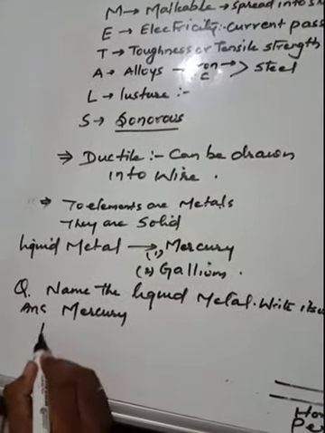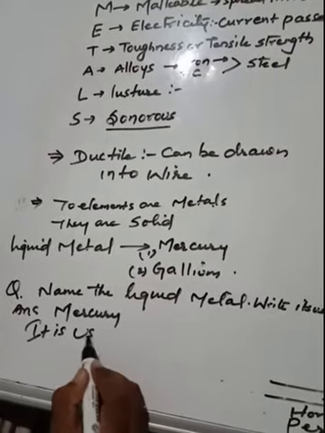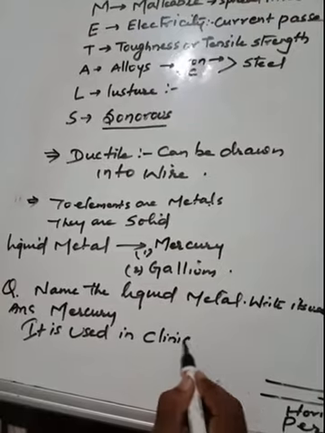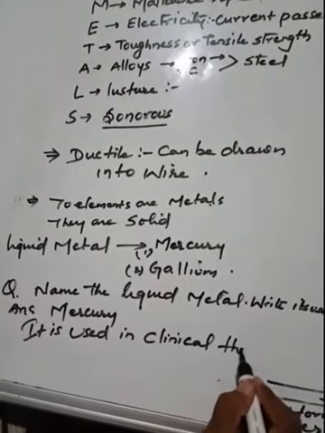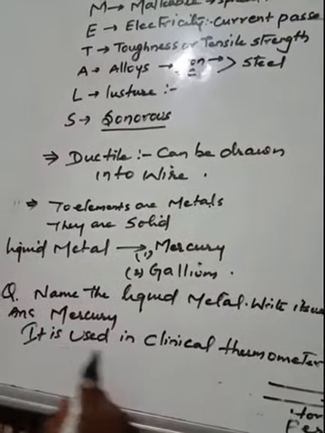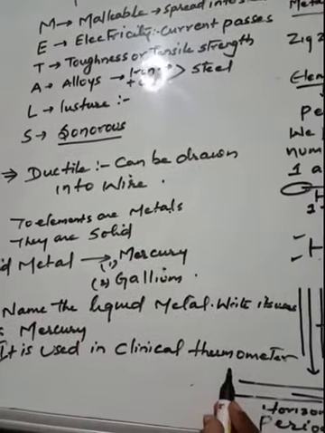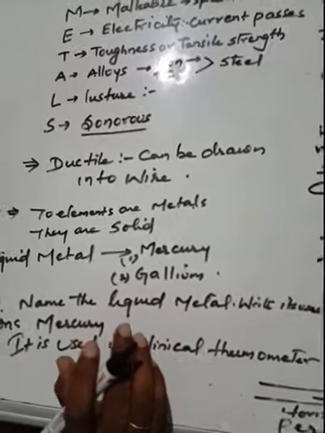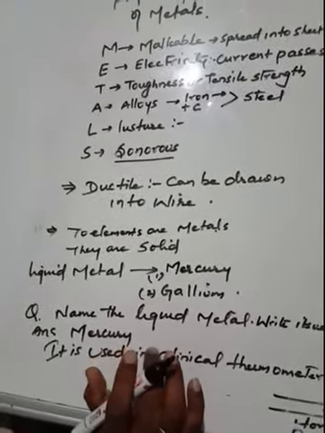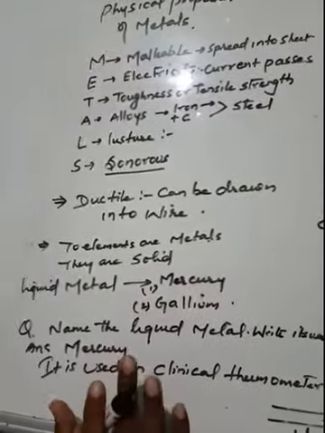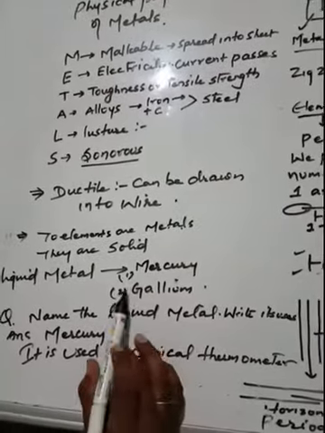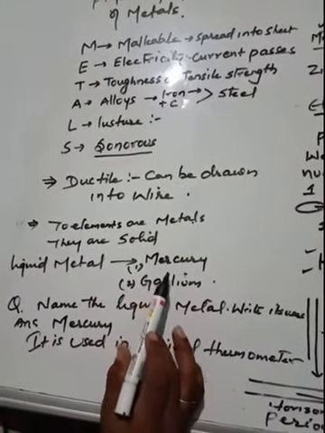Then mercury is used in a clinical thermometer. So these are the physical properties of metals which play a vital role in our day-to-day life, and most of them are of solid nature. The one we find in liquid nature is mercury.